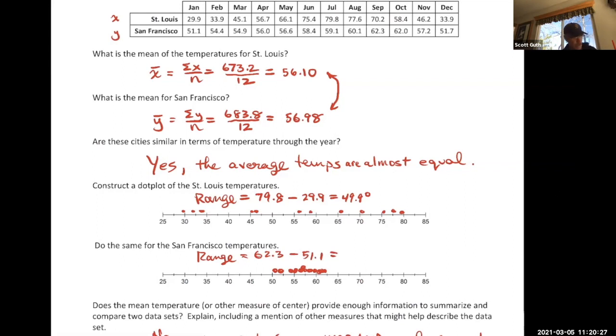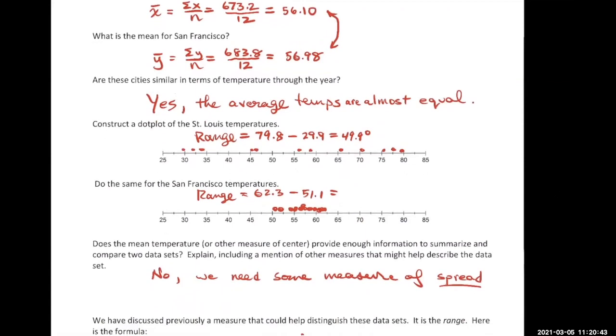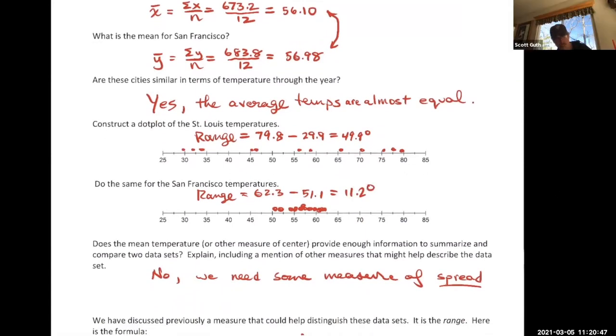Okay, so I made a mistake. Anybody get that? It's 11.2. Thank you. So basically a 10-degree spread versus a 50-degree spread. So one climate is just much more variable than the other.